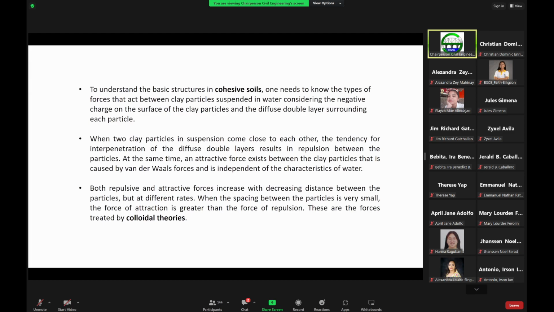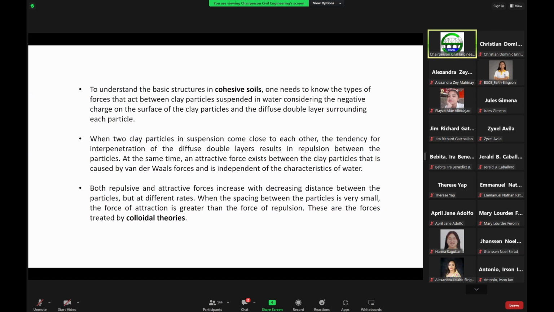When two clay particles in suspension come close to each other, the tendency for the interpenetration of the diffuse double layers results in a repulsion between the particles. At the same time, an attractive force exists between the clay particles that is caused by the so-called van der Waals forces, if you still recall your physics, and is independent of the characteristics of the water.